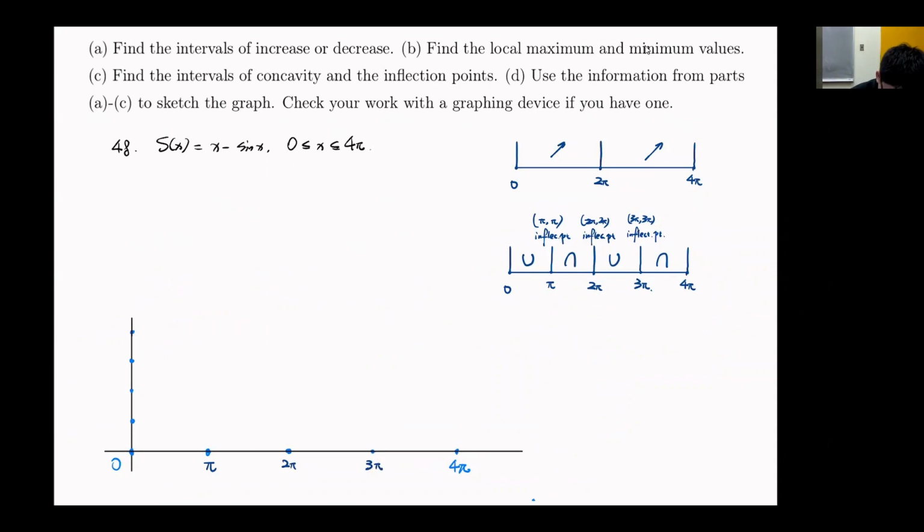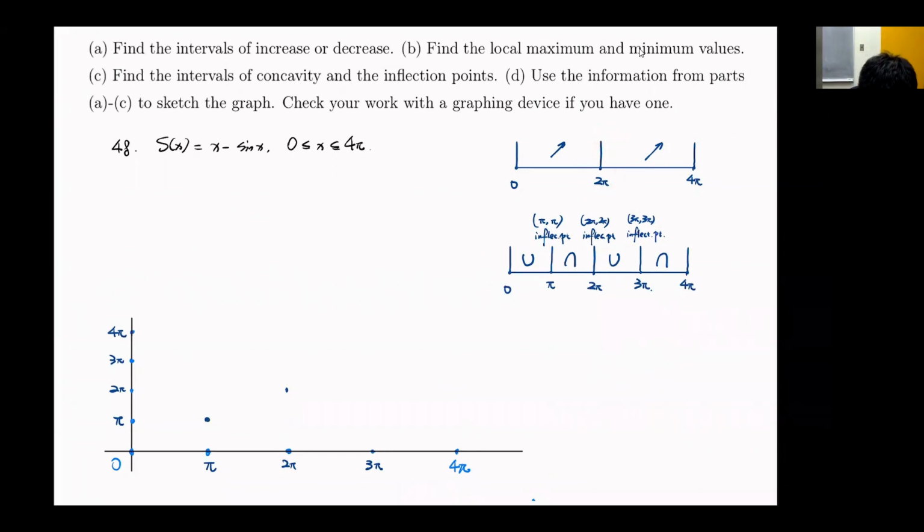Let me not draw it to scale. Pi is an inflection point. And 2 pi is not a local max or local min, but keep in mind that it has a horizontal tangent because the first derivative takes 0 over here. That's something you need to keep in mind.